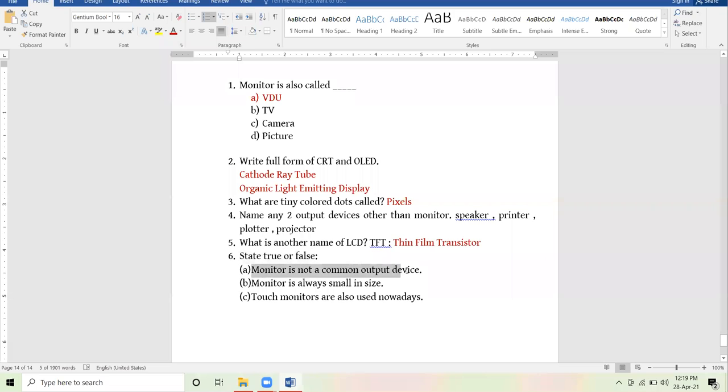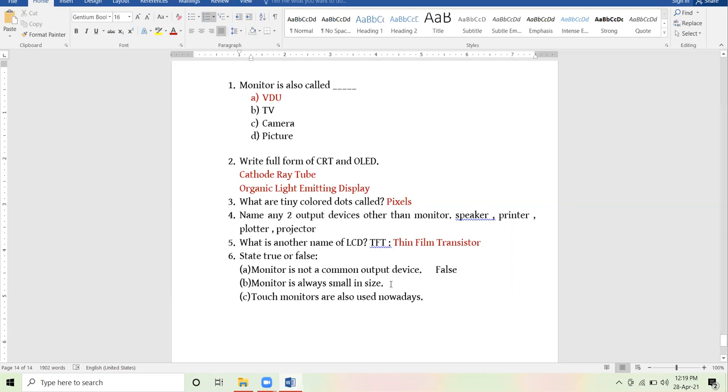Monitor is not a common output device. Is it true or is it false? Monitor is not a common output device. Is it true or is it false, Ishan? Beta, it's false.